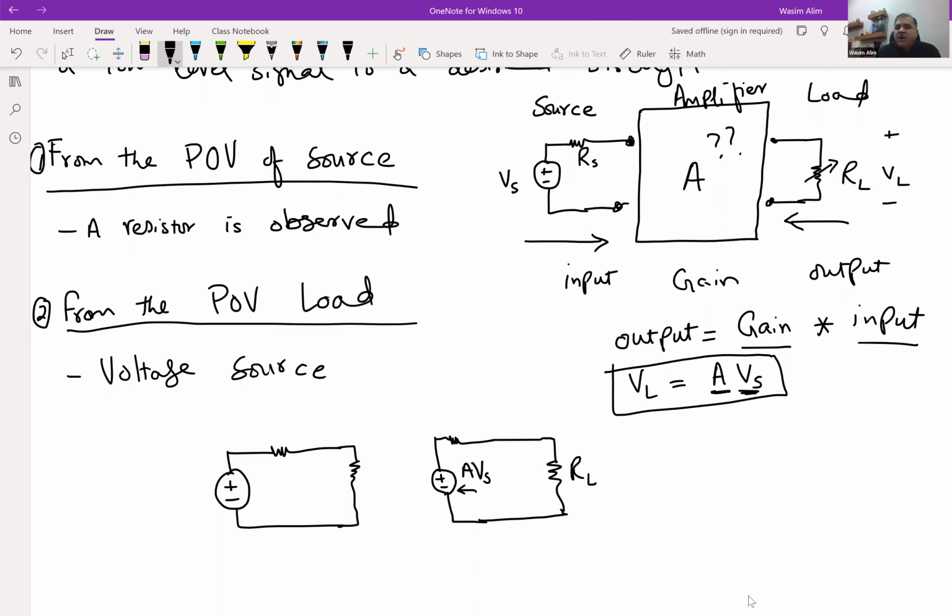If you recall from a very early discussion, in the earlier weeks of the course, we talked about the dependent sources, which are the four types: current source dependent current source, voltage source dependent current source, current source dependent voltage source, and voltage source dependent voltage source.